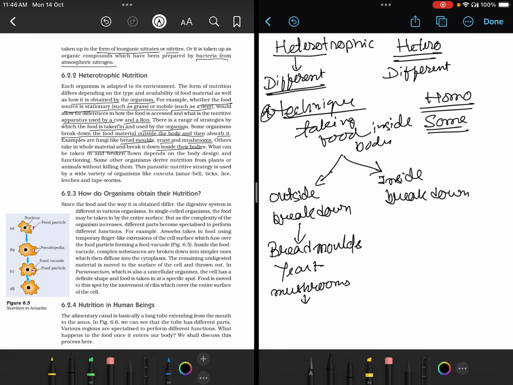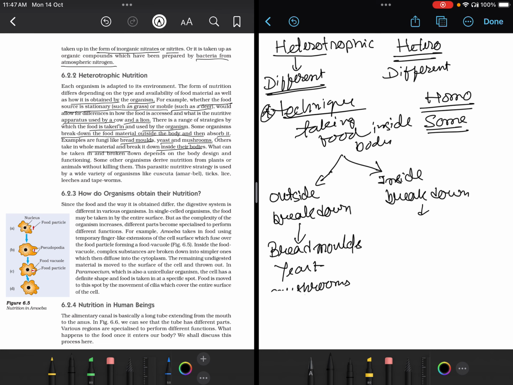What they do, if this is a food material, they will grow here, and they will release enzymes to digest this, and after that, they will take it in. Got my point? So, these are outside breakdown.